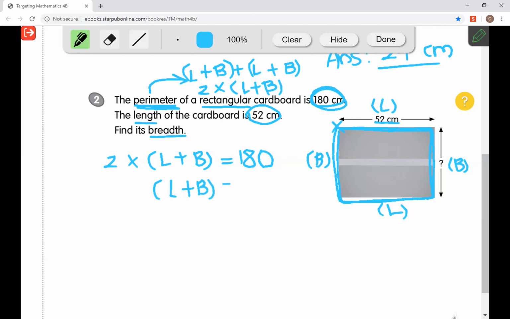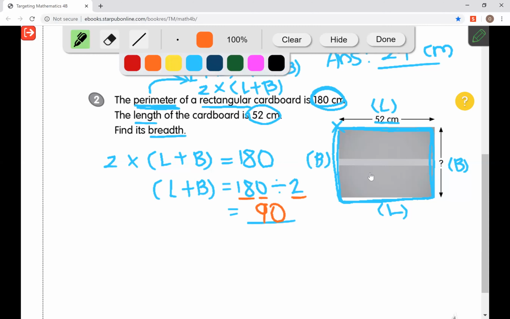I want to find 1 unit. I need to take 180 divided by 2. And that will give me, so I can just ignore the 0 in 180. So 18. 18 divided by 2 is 9. And 0 divided by 2 is 0. So I get 90. Okay?